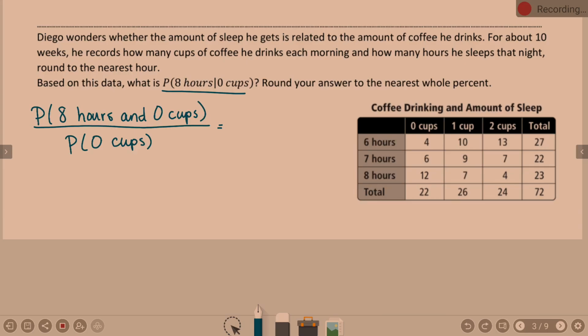Now, easy part on top. 8 hours and 0 cups. What data do we have if he gets 8 hours of sleep and drinks 0 cups of coffee? Okay. Looks like that happened 12 times.